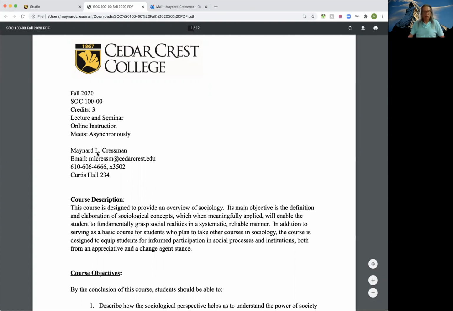What do you think it stands for? Louise? No. Loquacious? That would make sense. Lover? That wouldn't make sense. No, it stands for living legend.